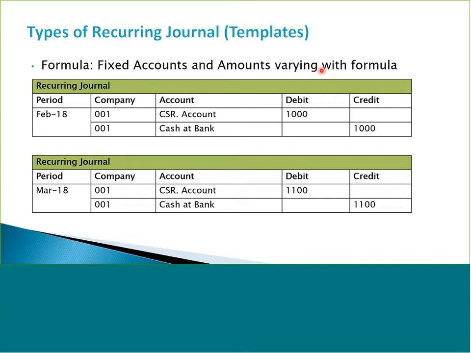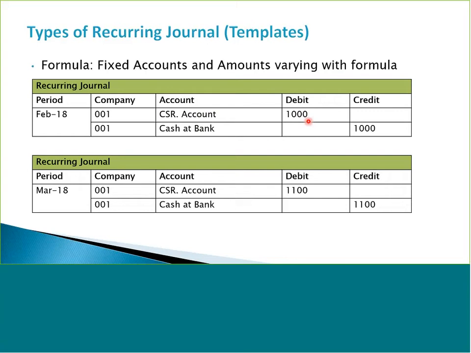You can derive those amounts from a certain account balance. So you can tell Oracle to increase the amount, the PTD balance for this CSR account from last month. So for this month, you increase the balance from last month by 10%.